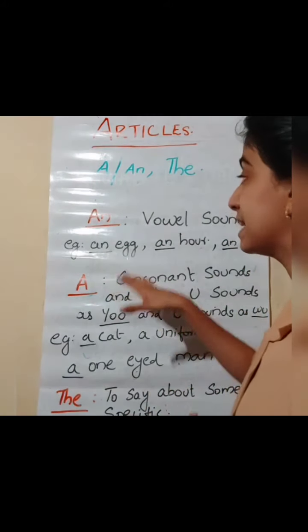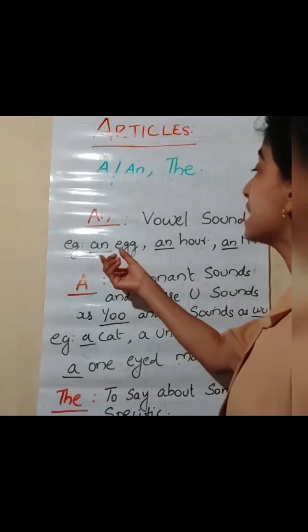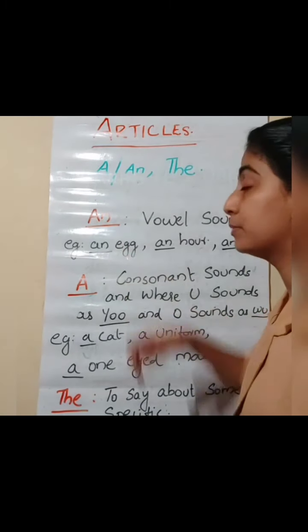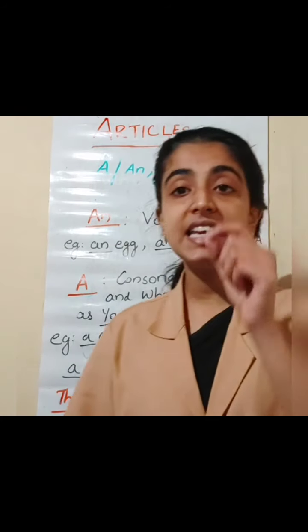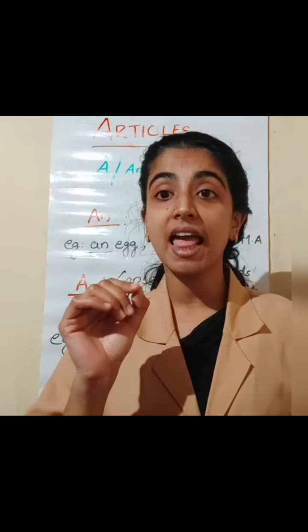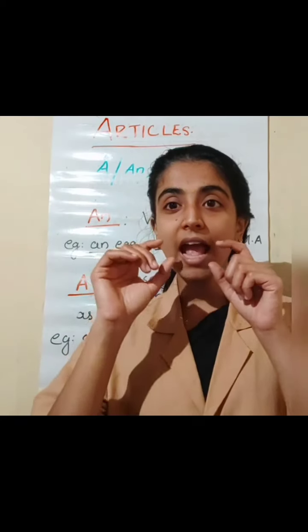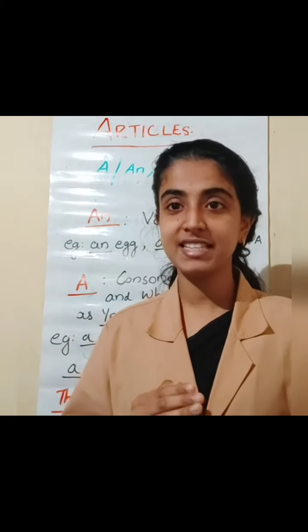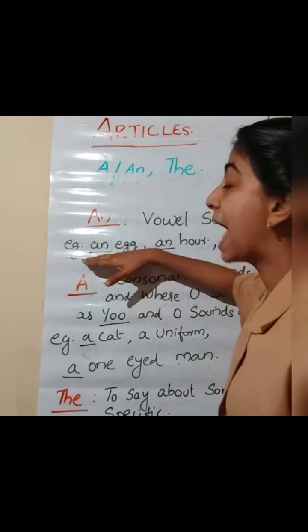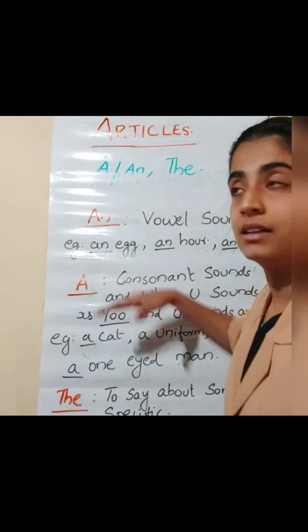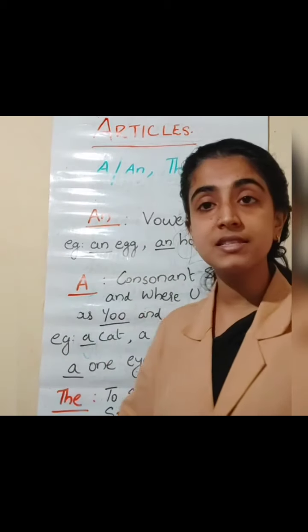I have given you some examples. The first example is egg. E sounds as a vowel sound, so we will use an with it: an egg. Can you give another example like this?